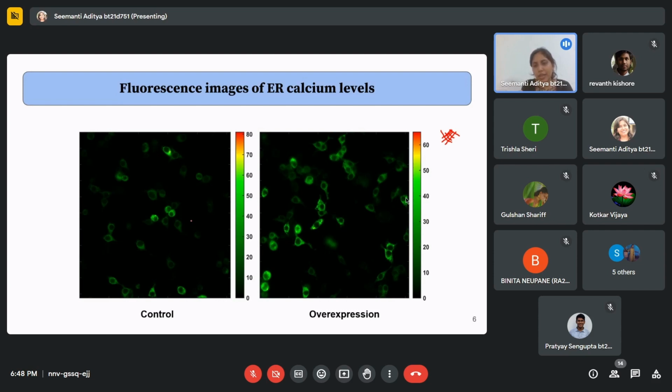So here is one example of how people use fluorescence microscopy to check whether the calcium levels are altered or not, or sometimes people check with different dyes to see whether cell death has happened or not.